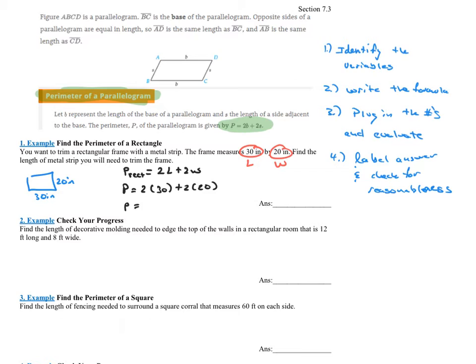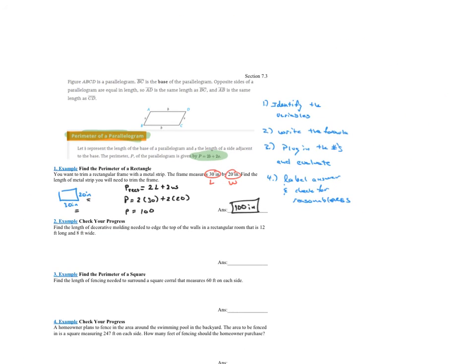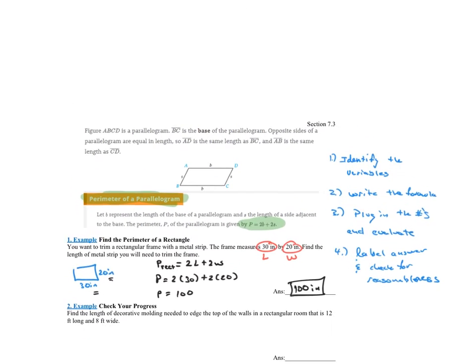When I plug that into my calculator, go ahead and see what you get. I'm getting a total of 100. But it says we need to label our answer. 100 what? Well, this was measured in inches, so I know that my answer for perimeter has to be in terms of inches.